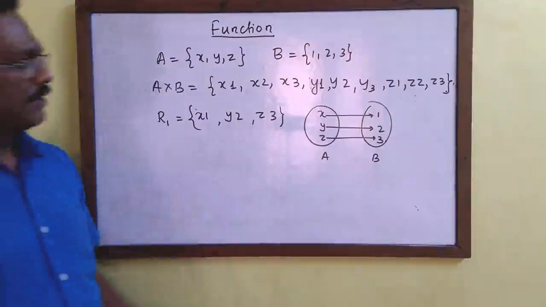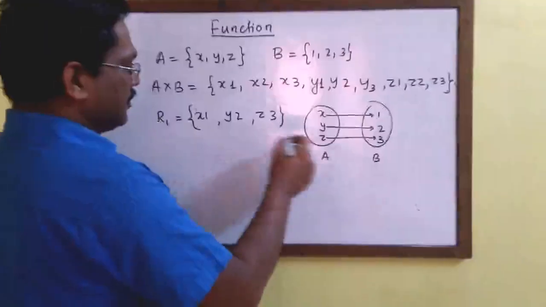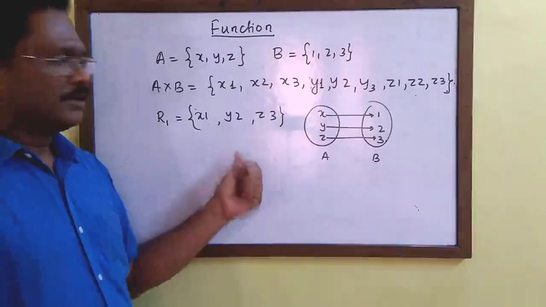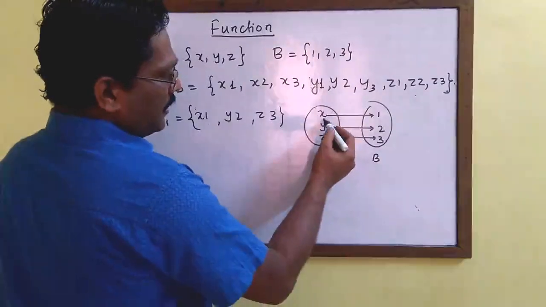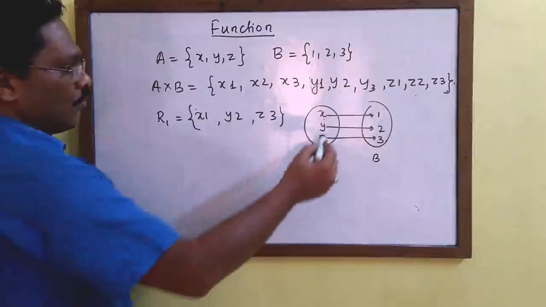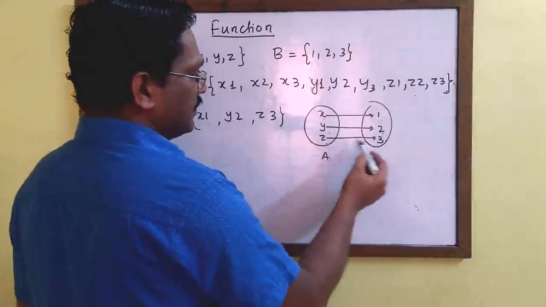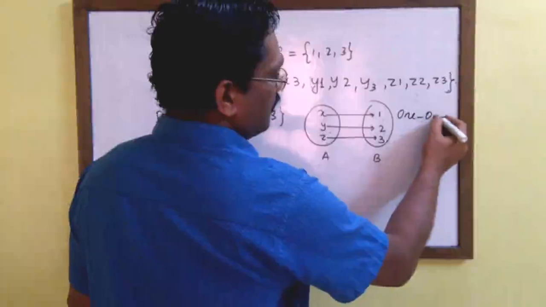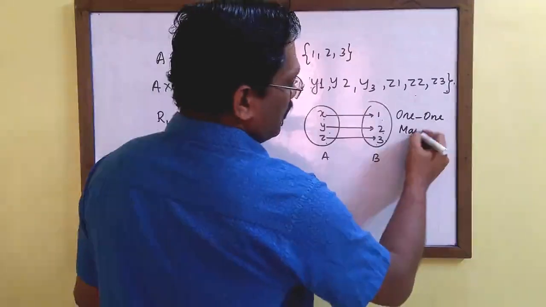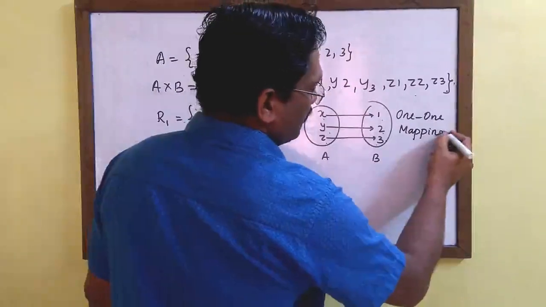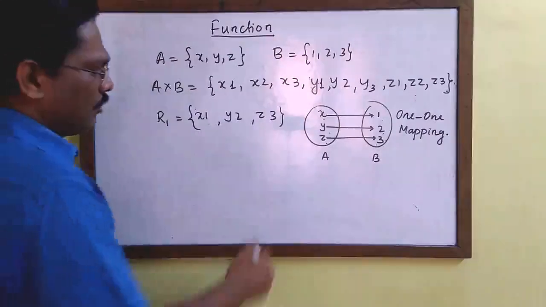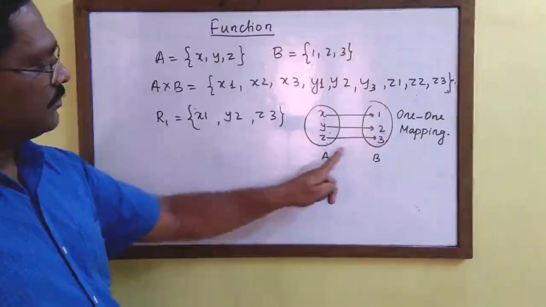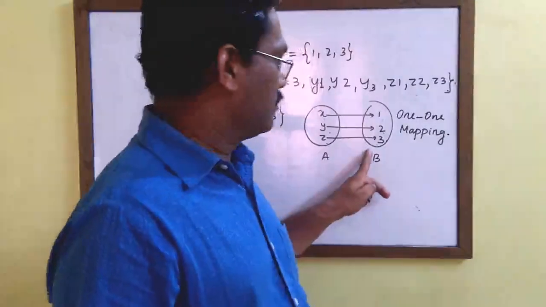This is how we can represent the first relation in a mapping diagram. This kind of mapping is a 1-1 mapping. The left side of this is called the domain of the relation and the right side is called range of the relation.